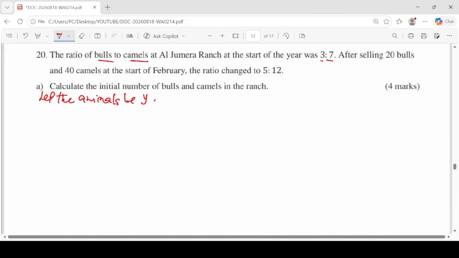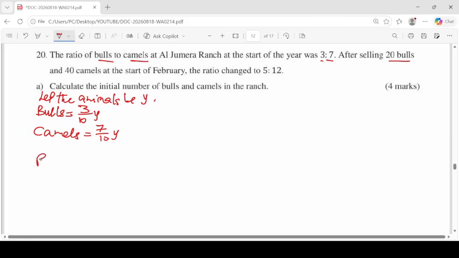So if the total number of animals is y, then the bulls is 3/7 y, then the camels is not 3/7, should be 3/10. The total ratio should be 10. 3/10 y for the bulls, then the camels is 7/10 y. After selling 20 bulls, what is the remaining number of bulls?